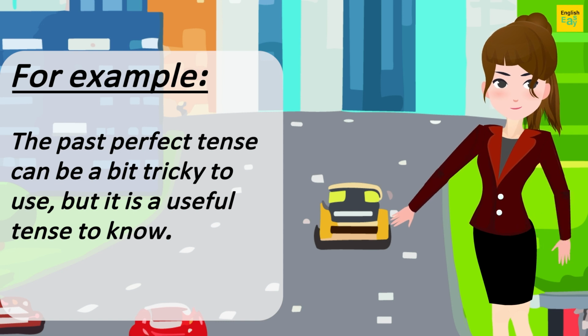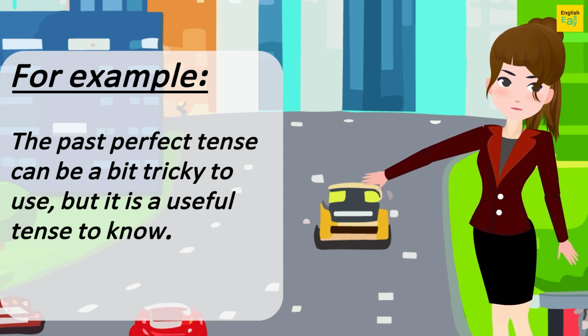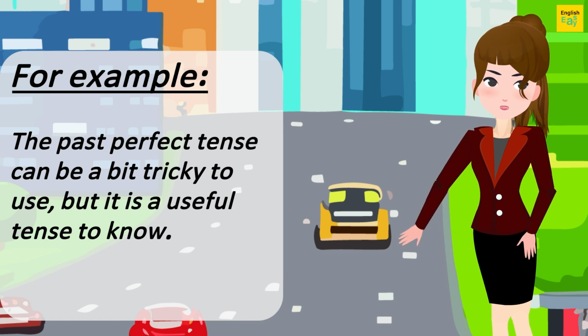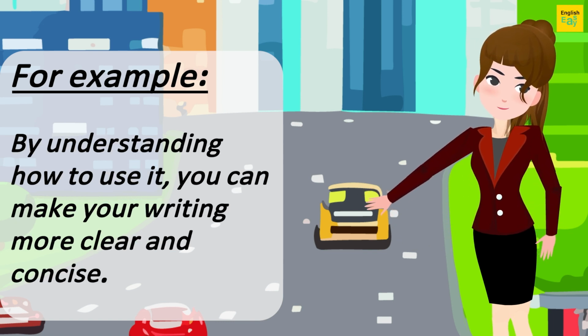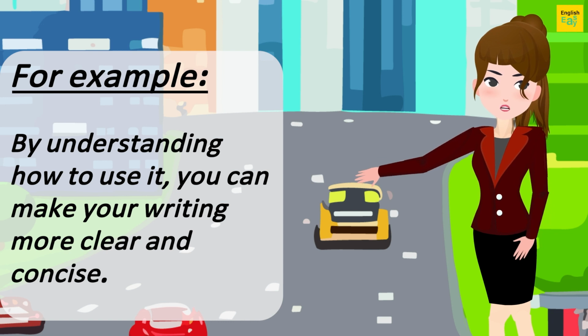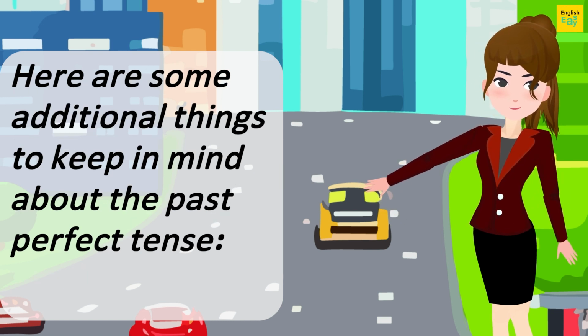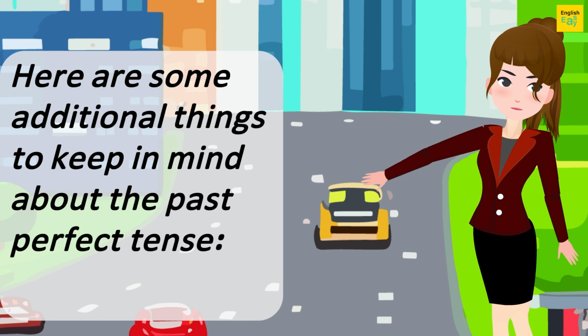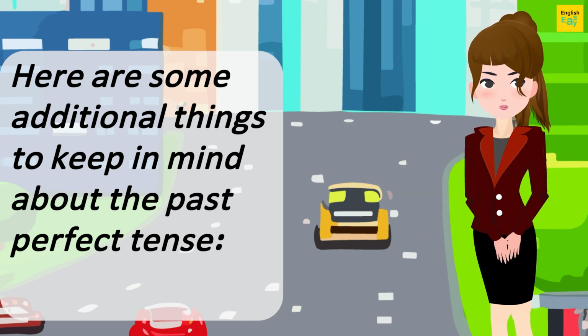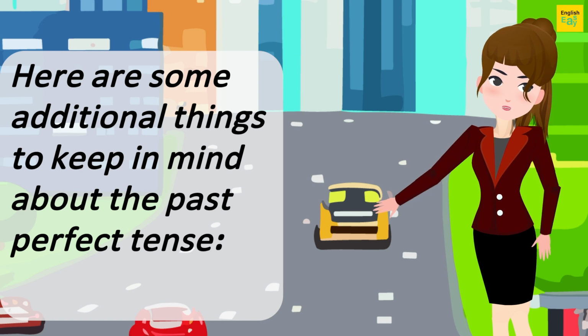The past perfect tense can be a bit tricky to use, but it is a useful tense to know. By understanding how to use it, you can make your writing more clear and concise. Here are some additional things to keep in mind about the past perfect tense.